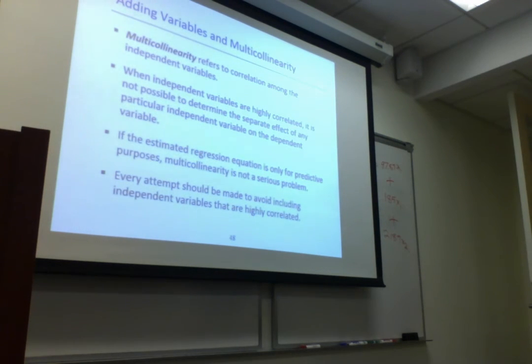So, suppose I'm looking at predicting how much money someone spends online. Let's go back to that example. And I'm going to look at independent variables: how much time someone spends online, how much income someone makes, and how much free time someone has. Now suppose I discover that there's a strong relationship between how much income someone has and how much free time they have.